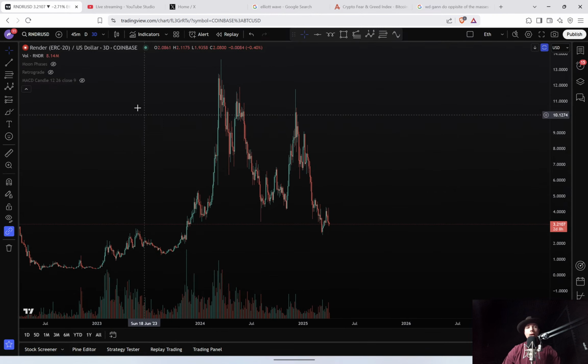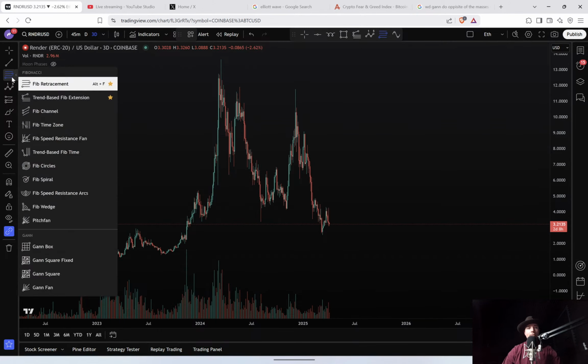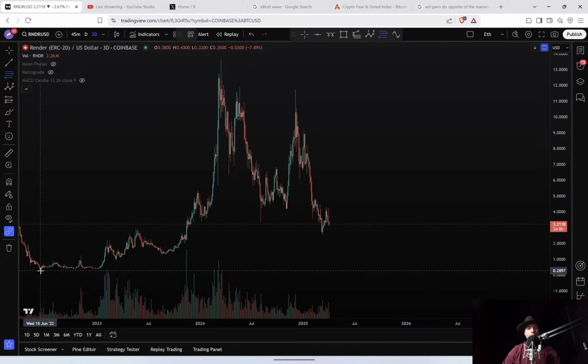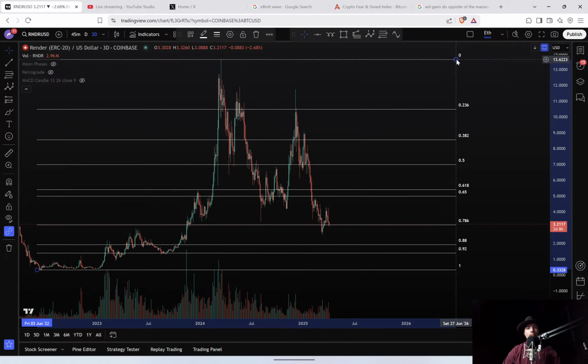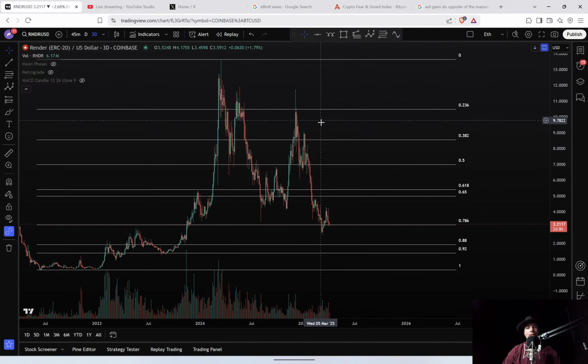Now, here in the case of Render, let's check our Fibonacci ratio. If we grab our Fibonacci tool over here on the left, and click on the very bottom up to the very top, you can see we came down to the 786.